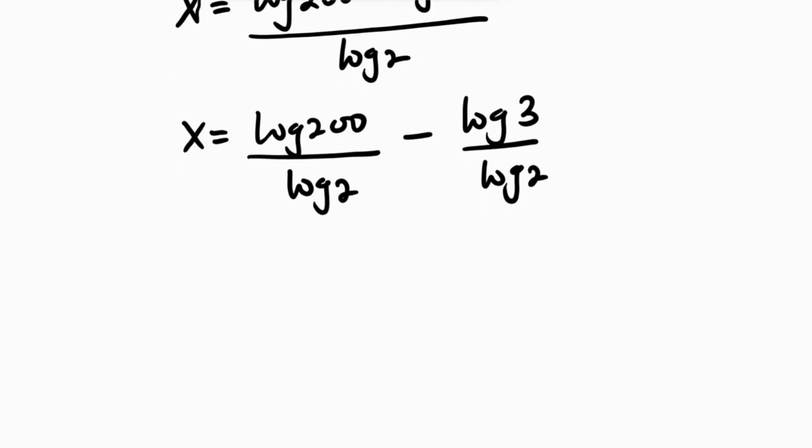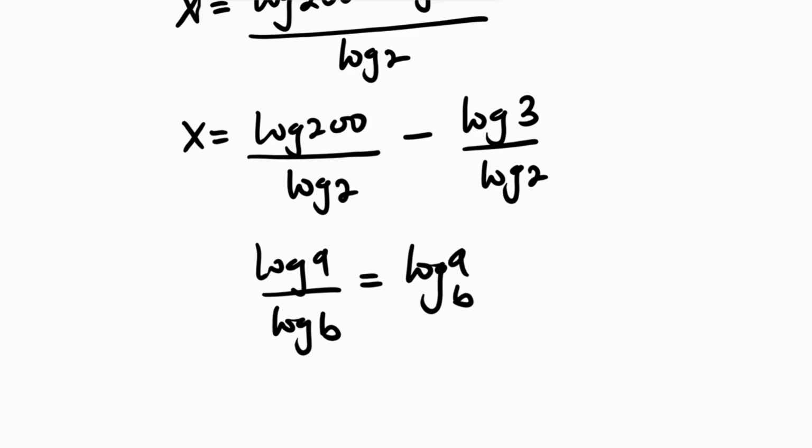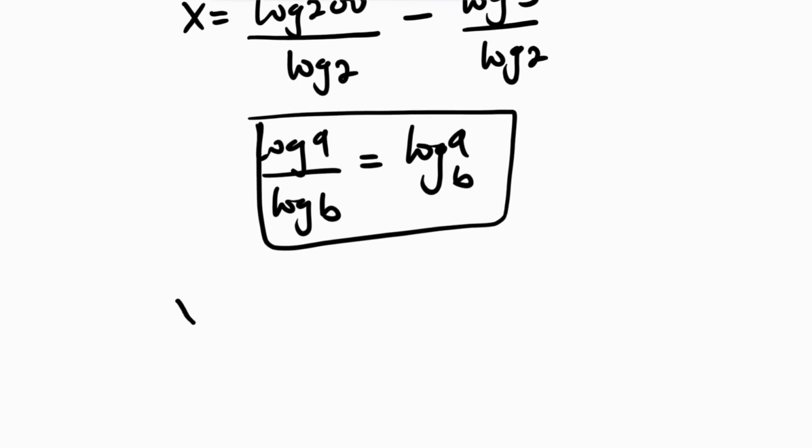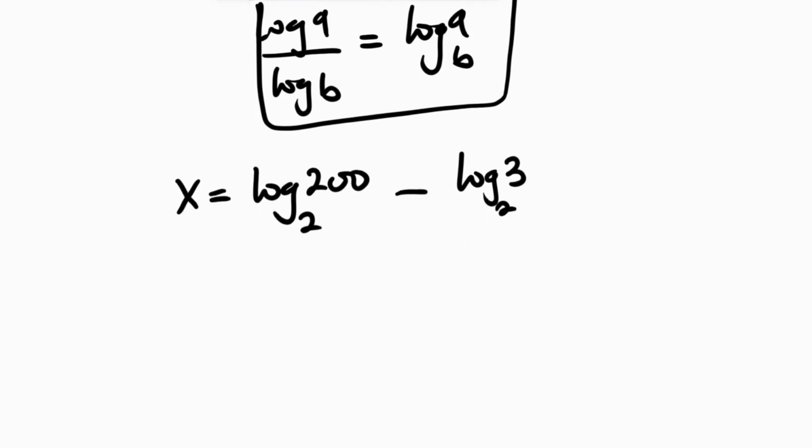Now, we know that log of a over log of b is equal to log of a base b. So let's rewrite our right-hand side in that format. So we have log of 200 base 2 minus log of 3 base 2.